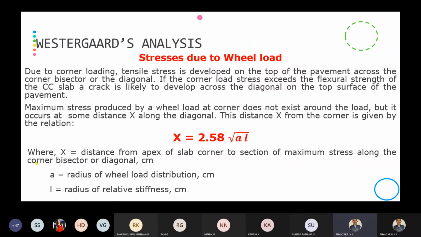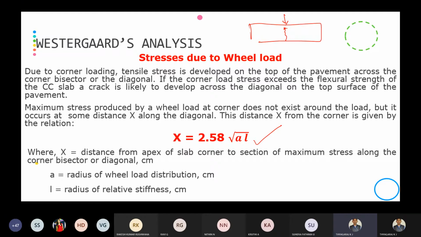Then as we apply the wheel load stresses, a crack is going to develop. If you apply the load on the pavement, there will be crack generation in the cement concrete pavement. So at what distance the crack will occur, using this formula we will be determining that.